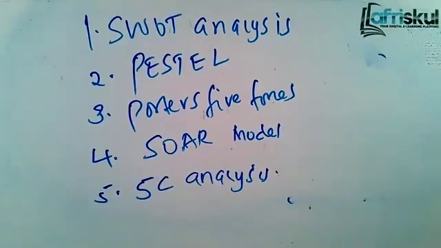So we are going to start with the SWOT analysis. When it comes to SWOT, we are looking at strengths, weaknesses, opportunities, threats. What is a strength? A strength is a positive internal condition.